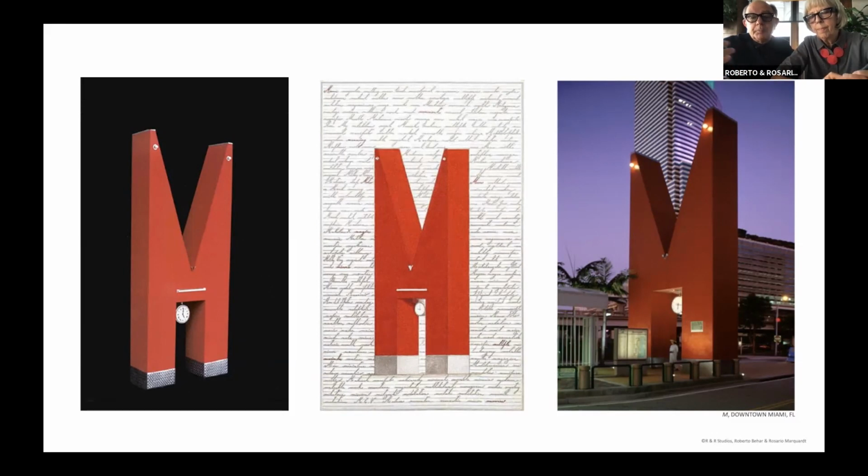And this transition from the studio to the public realm is perhaps what we are best known for. And it's the most difficult part of our work, translating a model that might be 24 inches high, as it is the case here, to a public sculpture that in fact is 42 feet tall. There are issues of scale that we are concerned with, and most importantly, technical issues of how to build the project.